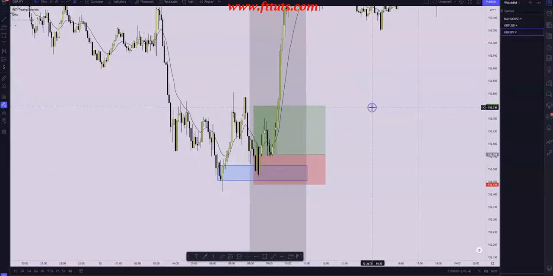Now, targets. There are two targets that we could aim for. We can aim for areas to fill or we can aim for liquidity. Liquidity is where people's stop losses are, above highs or below lows. In this scenario we have liquidity right here above that, because think about it, this is 8 a.m. Eastern Standard Time.